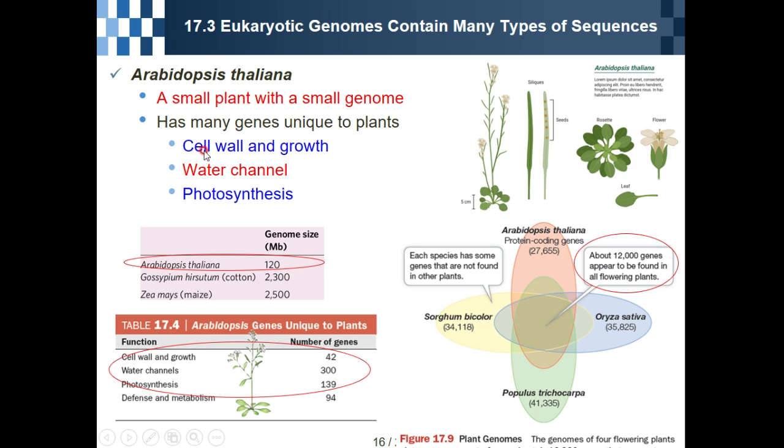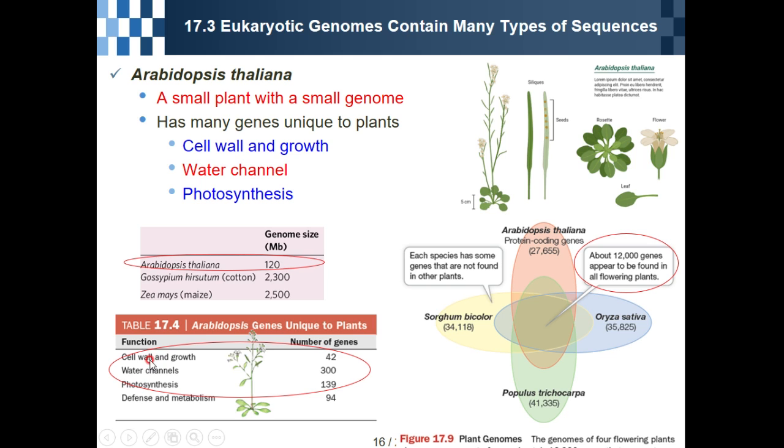For example, they have genes for cell walls and growth. In humans, we don't have genes for cell walls, and we don't have genes for water channels. We don't have genes for photosynthesis, but plants have these specific genes, which belong to these 12,000 genes.